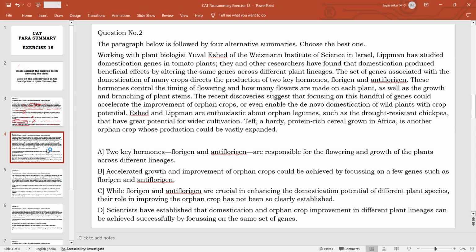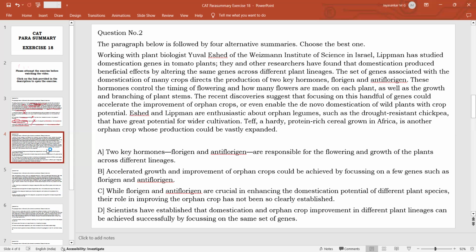Means crops that are basically characteristic of a small geographical area, but then these crops are cultivated over large areas, so certain genetic changes have to be made so that they become adapted to the climatic conditions, soil configuration, etc. in other areas, so that they can be extensively cultivated. That is called an orphan crop.